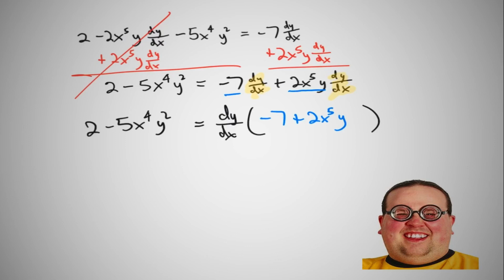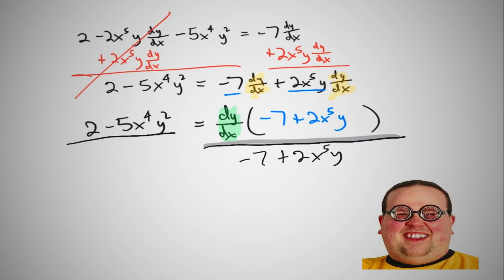And last step, right? Our last step, our goal is to isolate dy/dx. So we're going to go ahead and divide. Oops, there I go again. Divide by everything that's not dy/dx. So we divide by -7 plus 2x to the 5th y. And we'll do the same exact thing to our other side. -7 plus 2x to the 5th y.